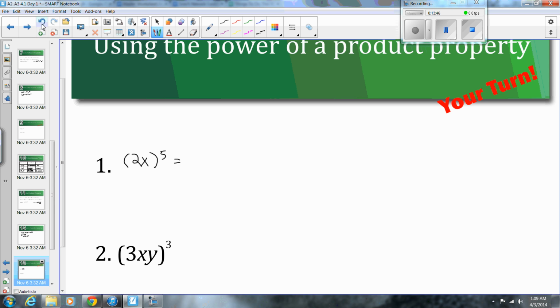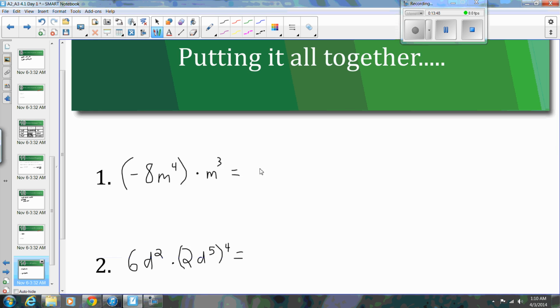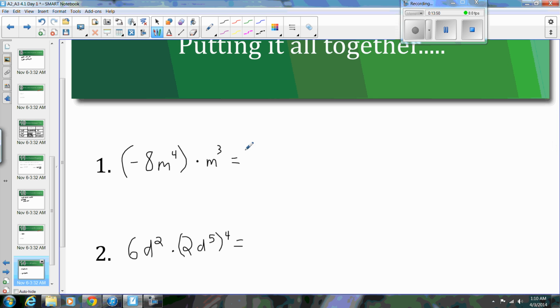Okay, right. Now, let's sort of put it all together here. So how do we do this? Here I'm potentially using a more difficult version of what we did before, with an extra step and maybe multiple power rules at the same time. So I'm multiplying negative 8 m to the 4th power times m to the 3rd power.